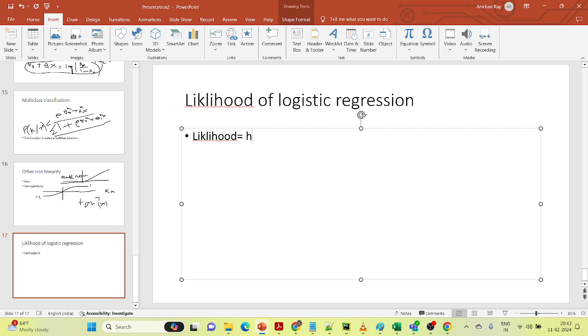So h of x to the power... what's the convention here?